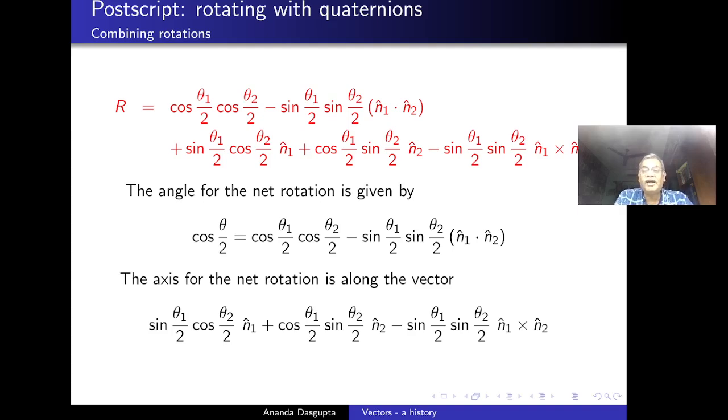You would write down a 3 by 3 orthogonal matrix, multiply column vector by that, and so on. It just becomes multiplication of quaternions here. Which is why, as I said, quaternions still live on very practically in places where you need to do a lot of rotations very, very fast, as in the computer games industry.